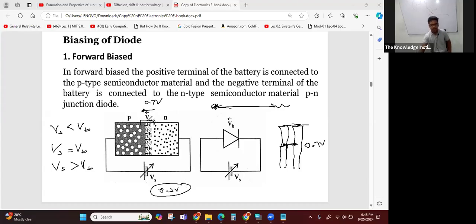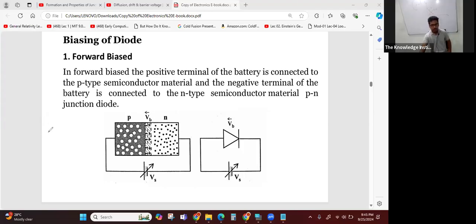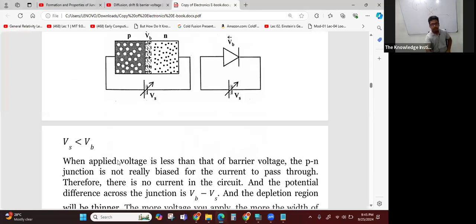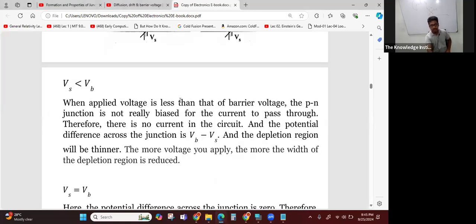So 0.7 minus 0.2, it will now be 0.5. So here, when the applied voltage is less than the barrier voltage, the PN junction is not really biased for current to pass through. Therefore, there is no current in the circuit, and the potential difference across the junction will be VB minus VS. This will be the potential difference, right?